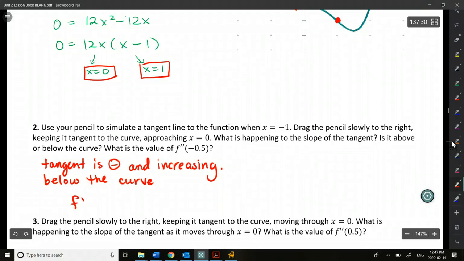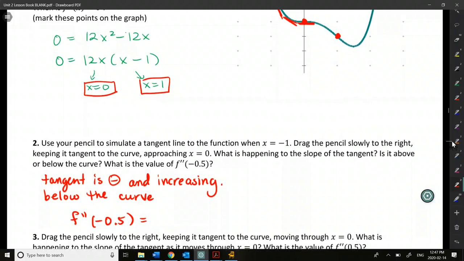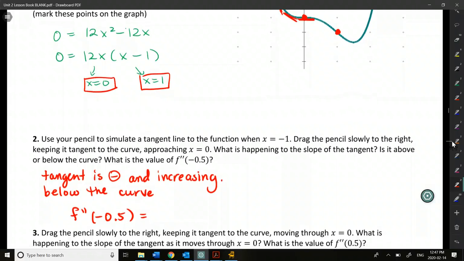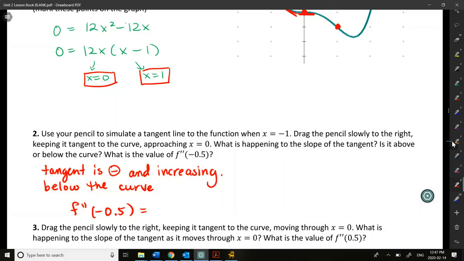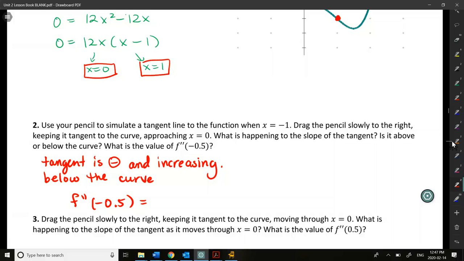What did you find as the value of f prime prime at -0.5? Anyone sub that in? So did you sub in -0.5 for the second derivative? You got 9? What did you get, Anita?